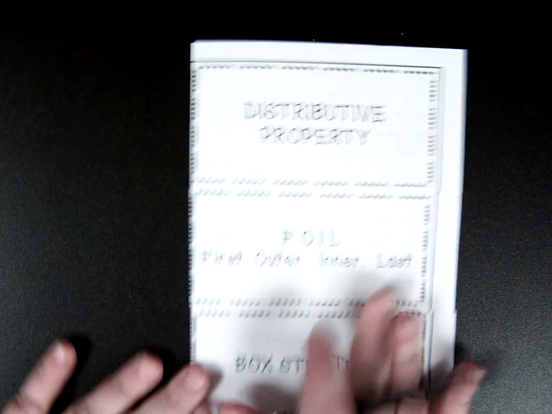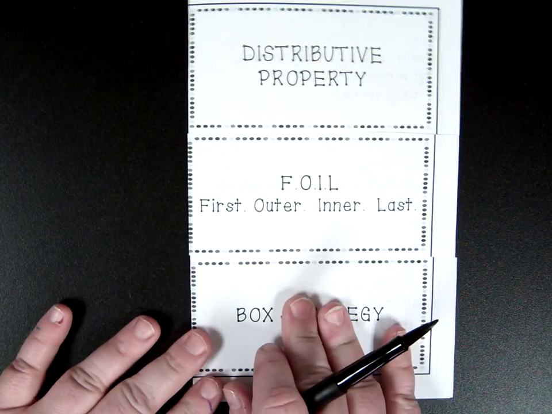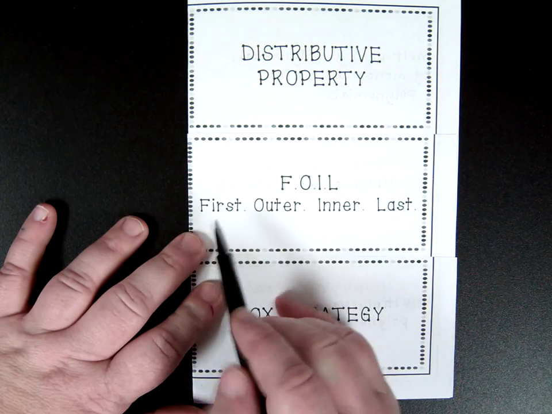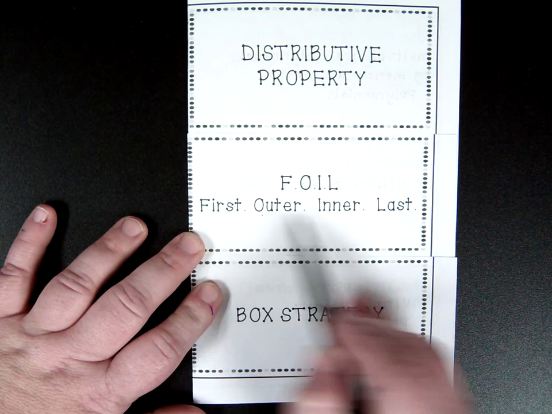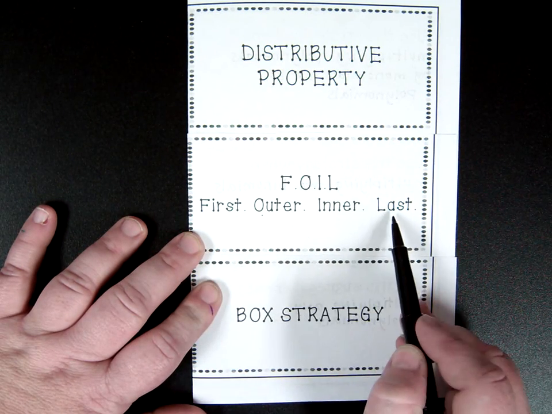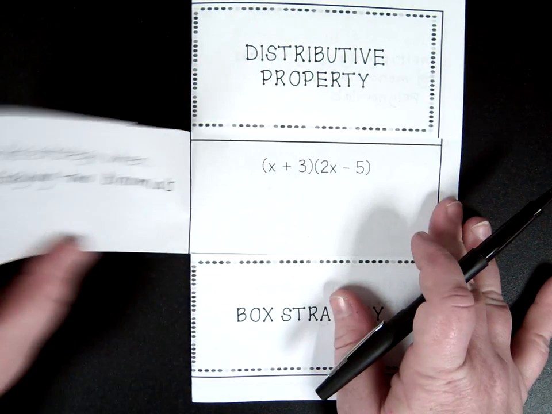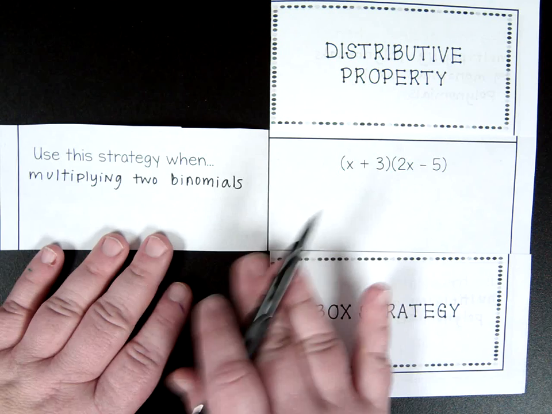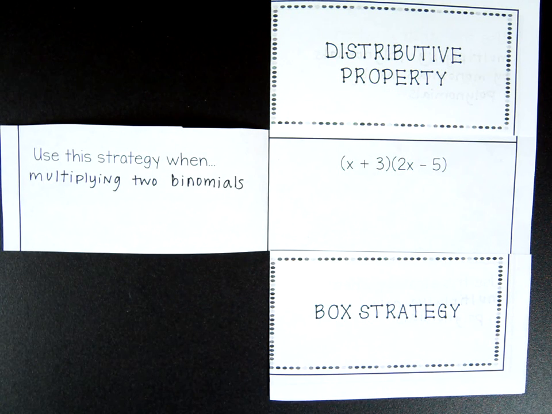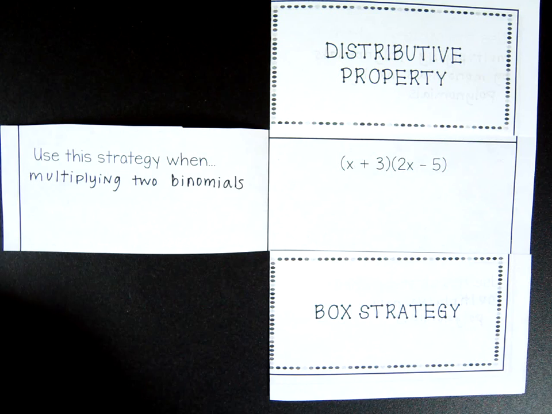Another way to multiply polynomials is by using the FOIL method. And FOIL stands for first, outer, inner, and last, or first, outside, inside, last. So let's open that up. This strategy is best used when multiplying two binomials.